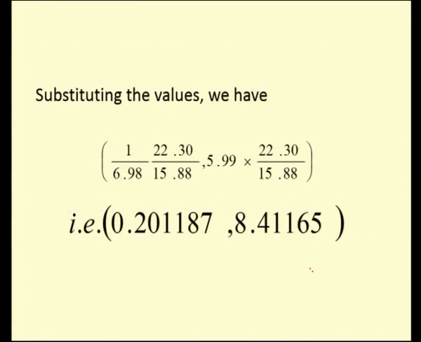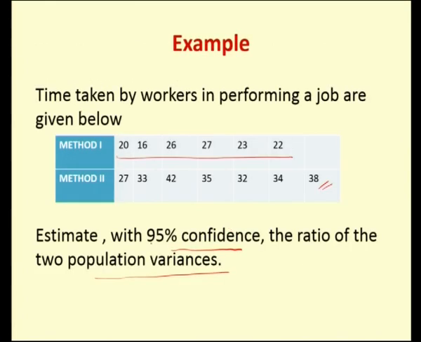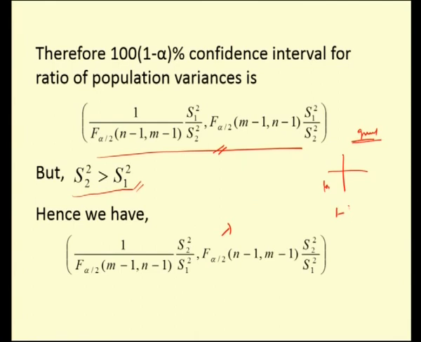Substituting the values, I need to find the 95% confidence interval. Therefore, 1 minus alpha is equal to 0.95, which implies alpha is 5%. Therefore, alpha by 2 is going to be 0.025.